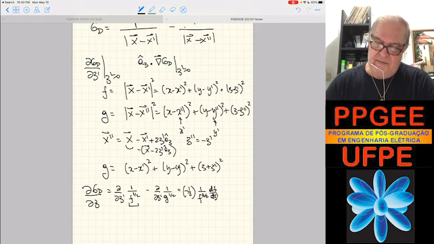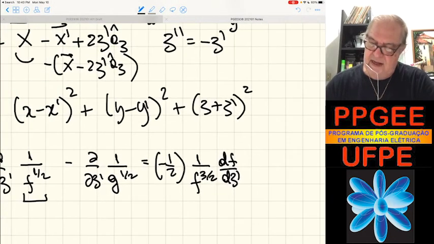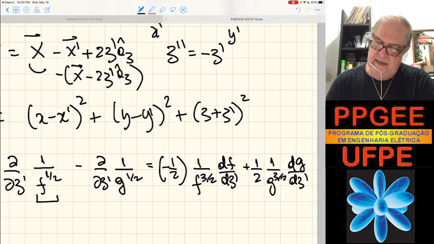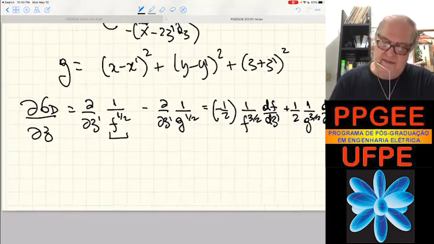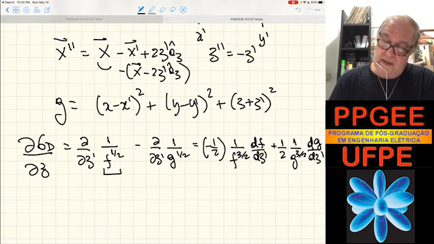Right? So minus minus is plus 1/2 times 1 over g to the 3/2 times dg/dz prime. It's a partial derivative, but never mind.